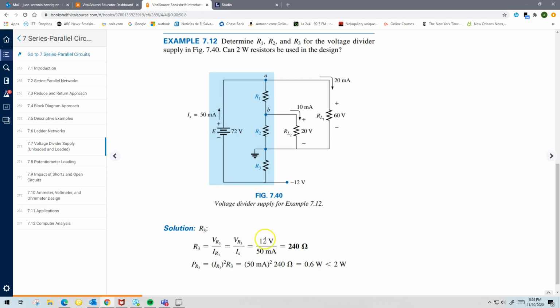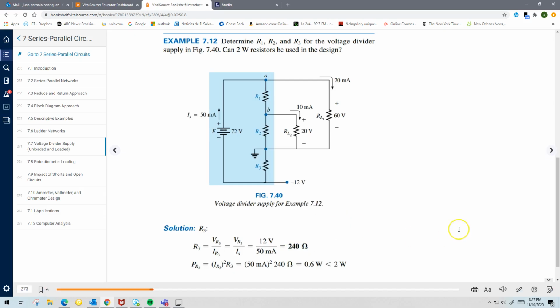So I have 12 volts and the current, as you can see, is coming out of that node through this voltage supply. It's 50 milliamps. So this resistance, then, I know the voltage across it, I know the current coming through it, and that will give me a resistance of 240 ohms.